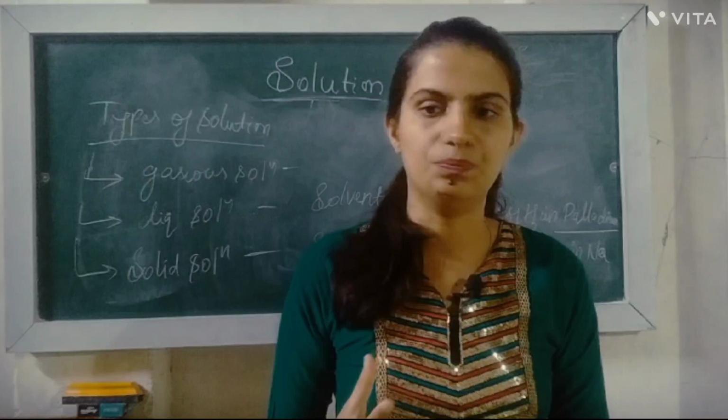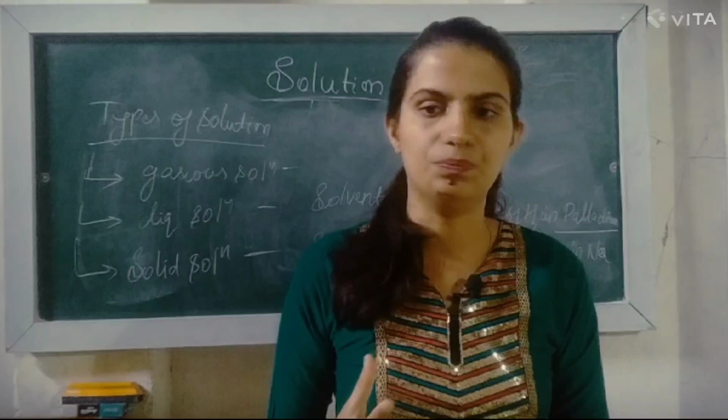Next comes mole fraction, molarity. What is mole fraction? Mole fraction is denoted by X. It is the ratio of number of moles of one component, consider A component, to the total number of moles of all the components.